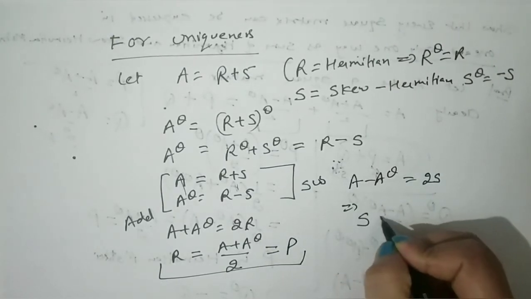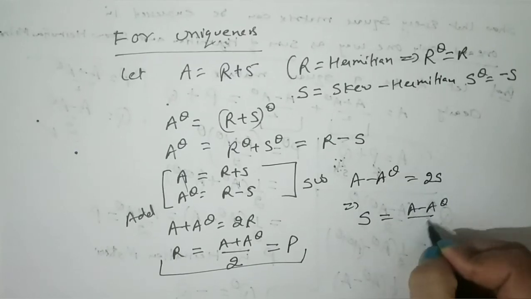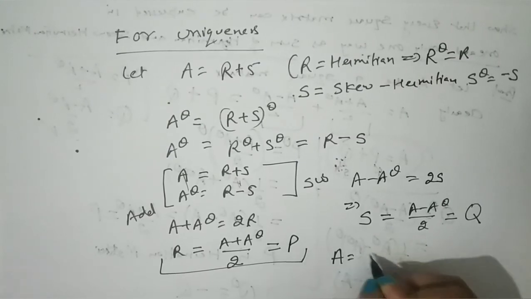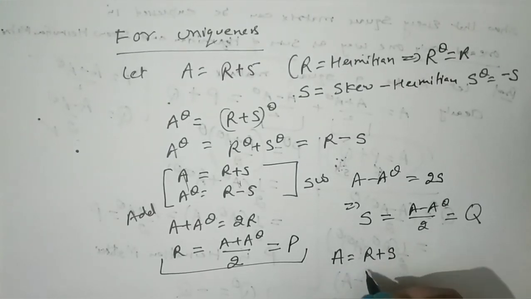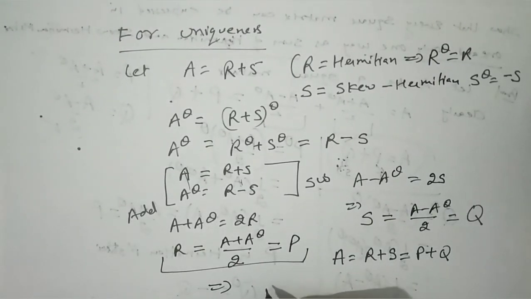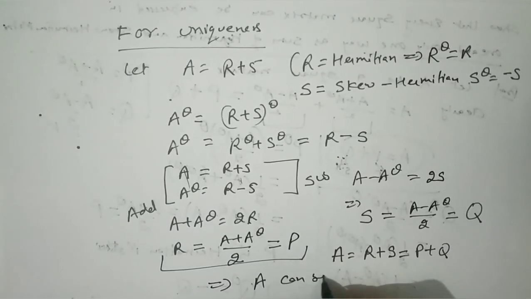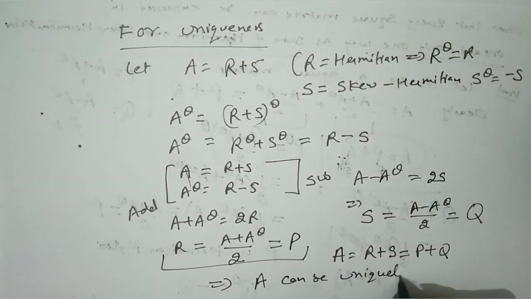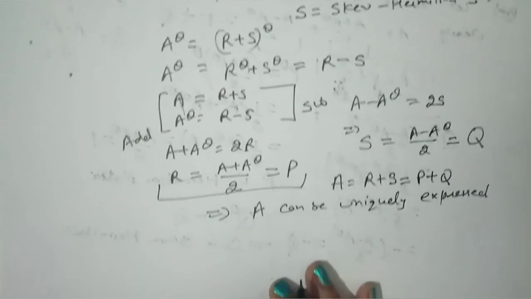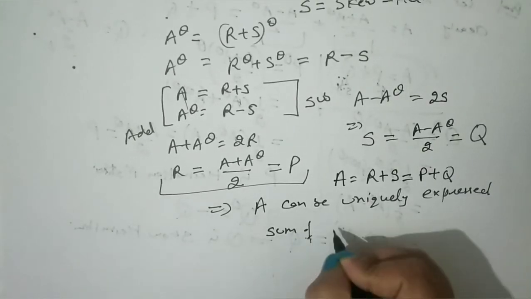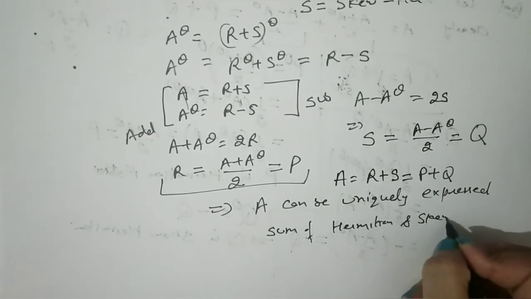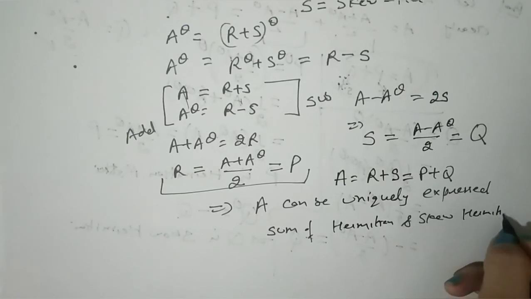So S will be A minus A theta upon 2, which is nothing but the value of Q. That means if we express A as a sum of two other matrices, they are nothing but equal to P plus Q. Therefore A can be uniquely expressed as a sum of Hermitian and skew Hermitian matrices.